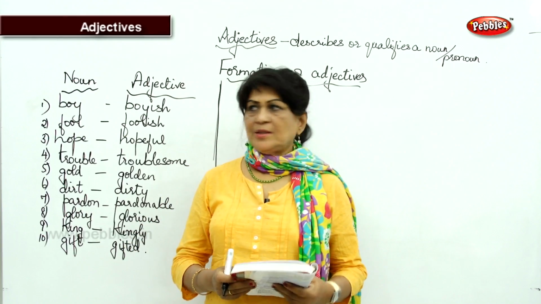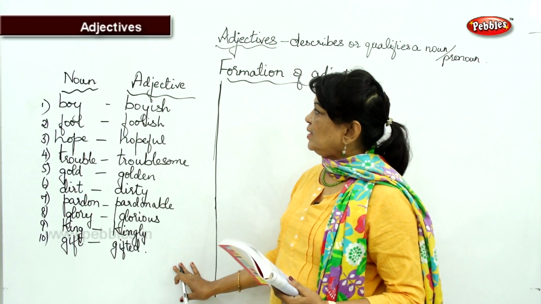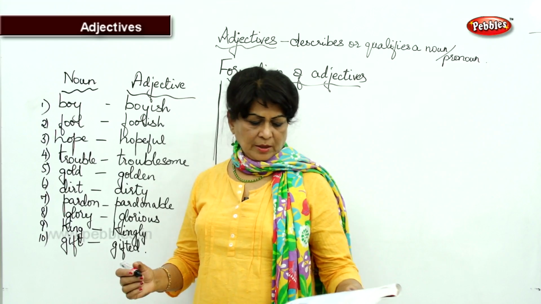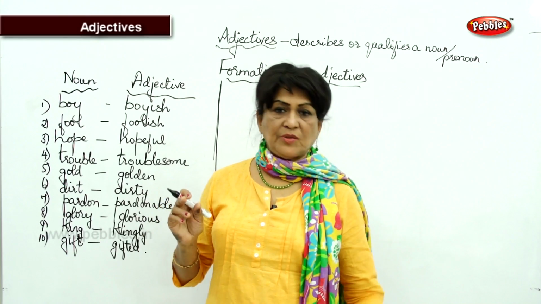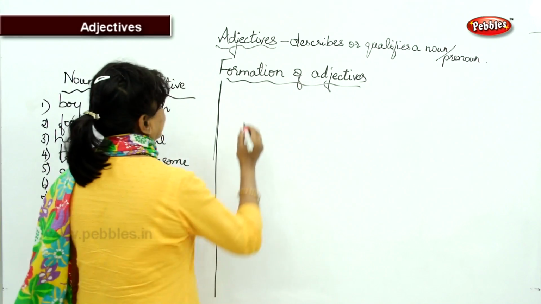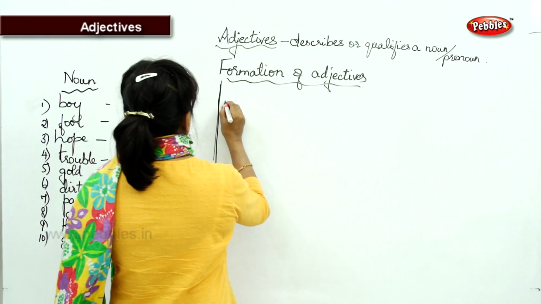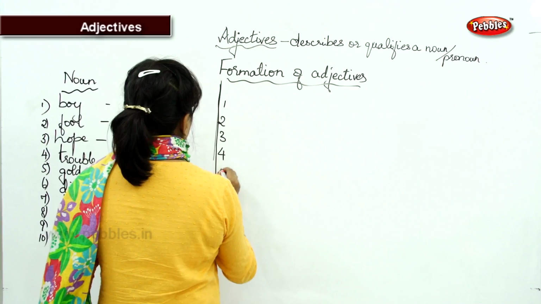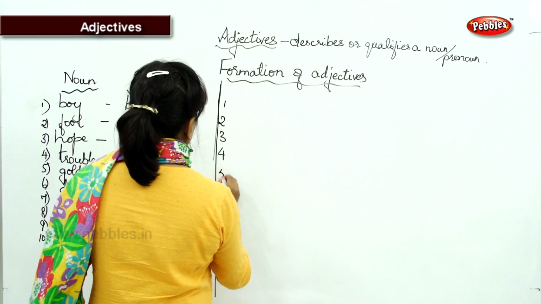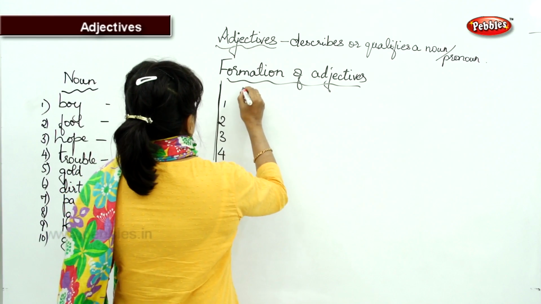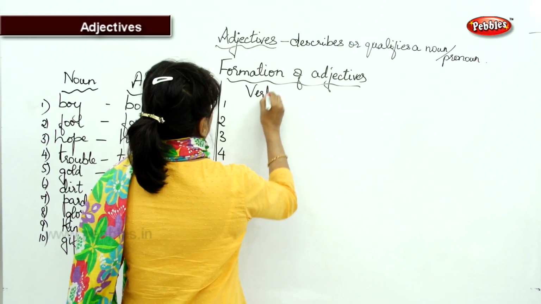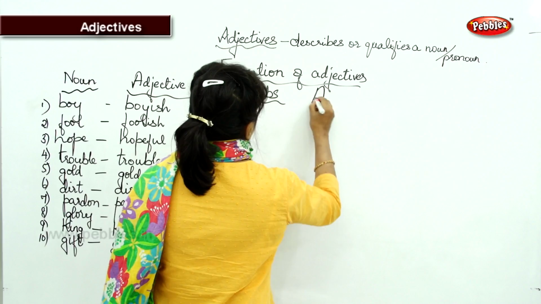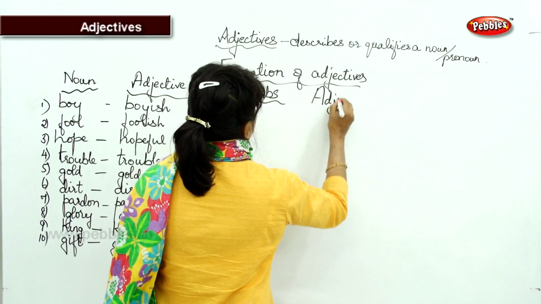So, we have all these adjectives here. Next, we are going to form 5 adjectives from verbs. Five from verbs. Verbs to adjectives.